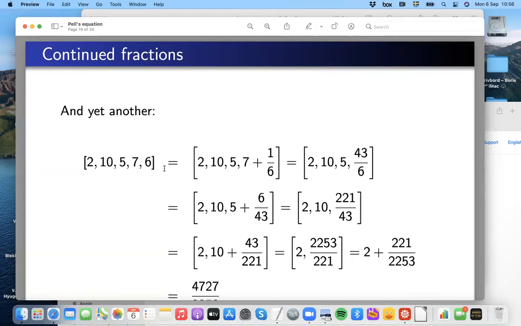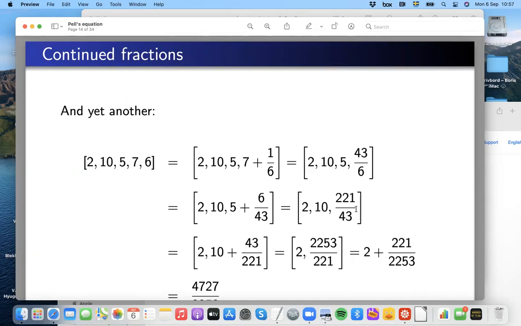Then we add this to the previous one. So we have 7 plus 1/6. So this gives us 43 divided by 6. Now we invert this and add to the previous one. So we have 5 plus 6 divided by 43. And this we keep so far.